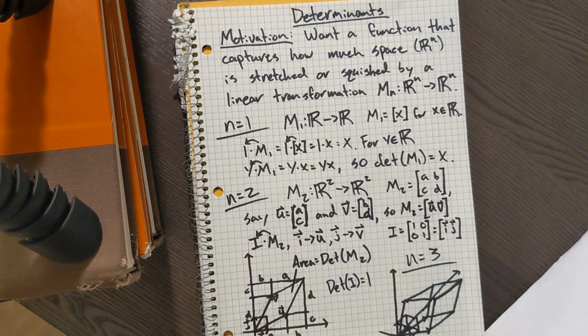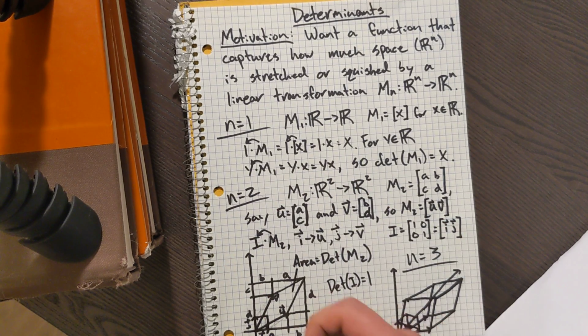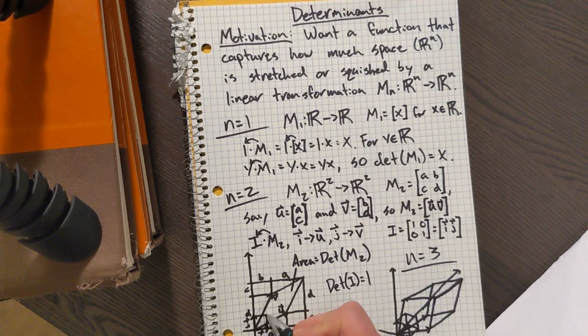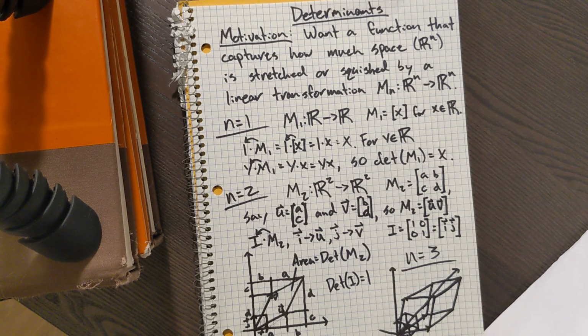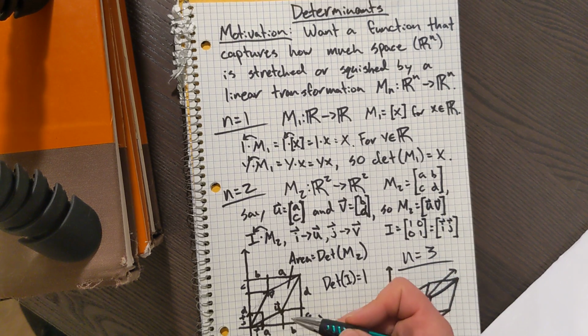Now for some pictures. So right here I have our R2 vector space. I is right here and J is right here, determining a unit square of area 1. And since it has area 1, we'll just call the determinant of I 1.